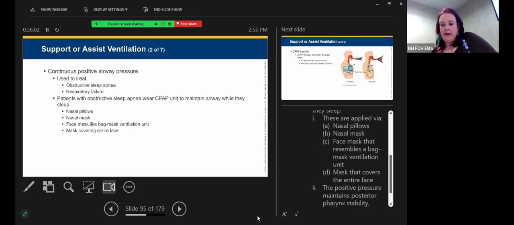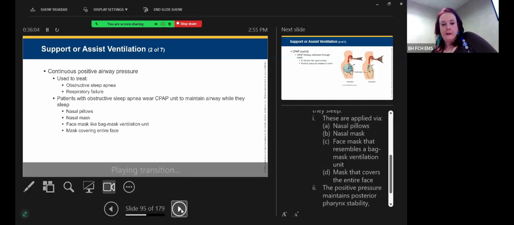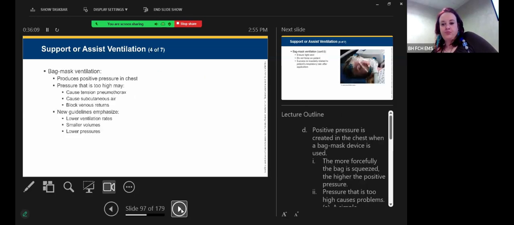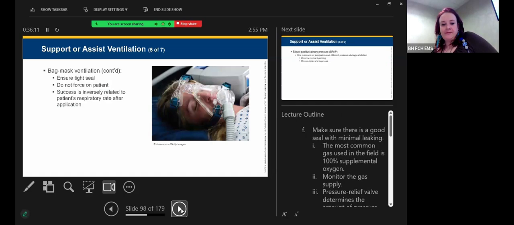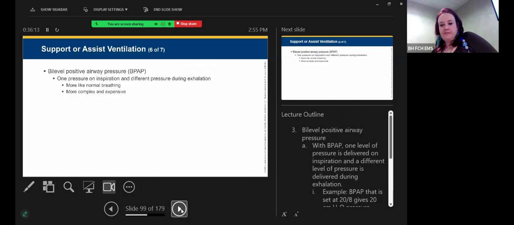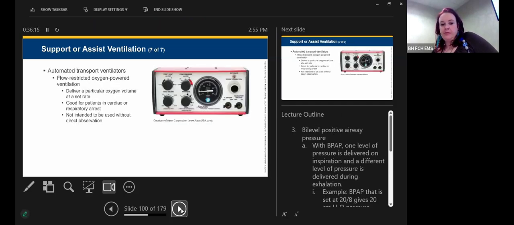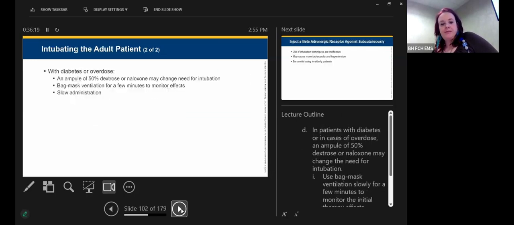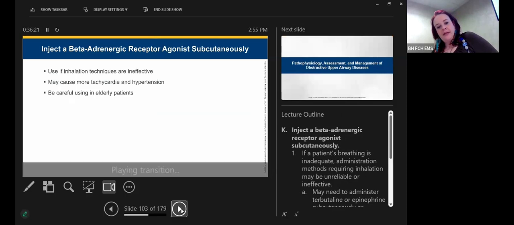We know what CPAP and BiPAP does. We went over our events already. We know how to intubate.